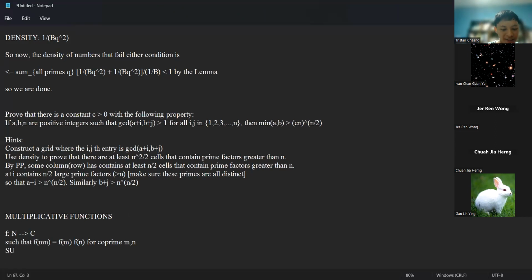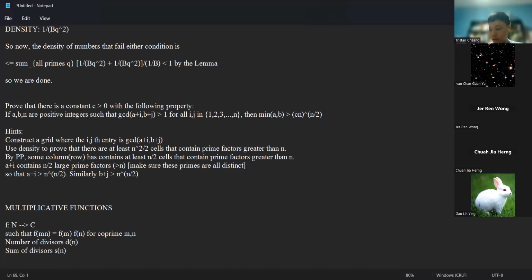So sum of divisors, d of n. Hang on. No, there's number of divisors. Sorry. Number of divisors, d of n. Sum of divisors is also a multiplicative function. So the easy one, yeah, also phi. So phi of n. You probably know what that is already, so I'm not going to write it here.